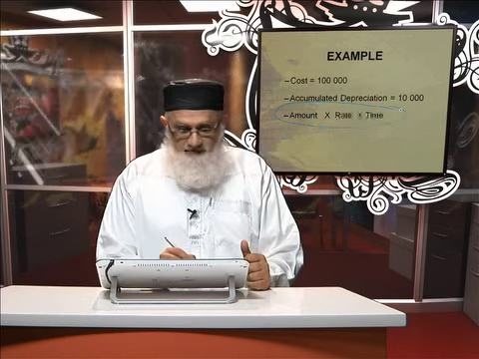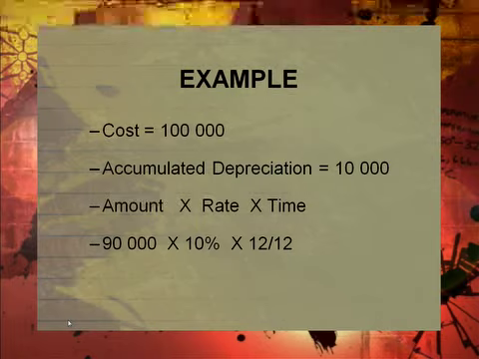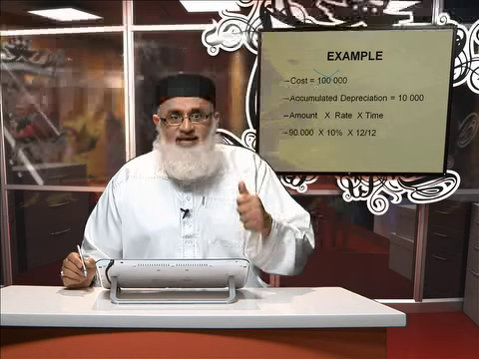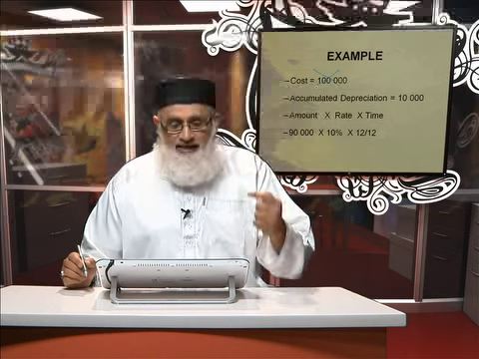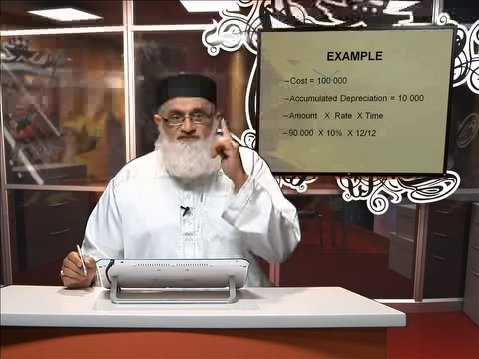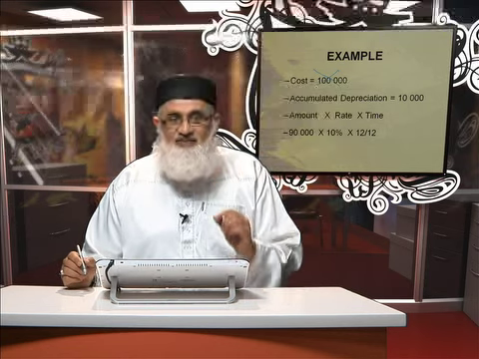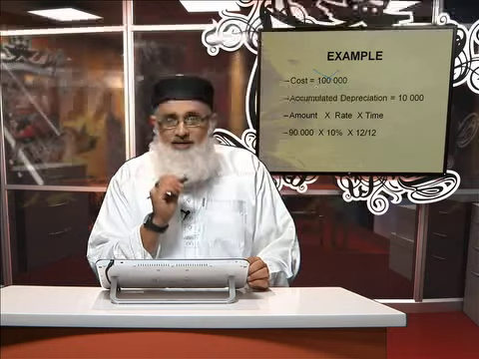Now watch, something different happens. When I'm using the diminishing balance method, I do not use the cost price, because the question said calculate depreciation at 10% on the diminishing balance method. So the first thing I do is determine my carrying value. How will I do that?